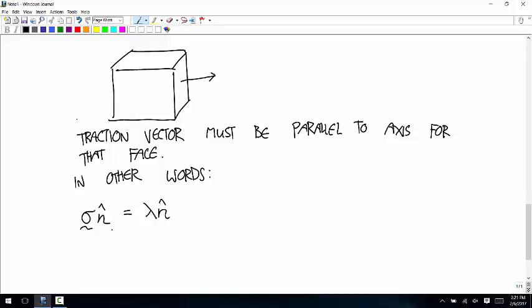Okay, this is a representation for the traction. And this is a representation of a vector that's parallel to that outward facing normal.